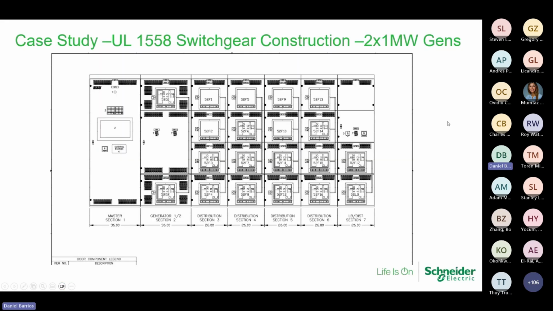The 1558 construction here, just to give you a little bit of guidelines. First of all, you're going to get an elevation view, which will also include your conduit entry area and the size of those conduit entries. You notice again, we're back to some type of master section with an OIT screen and annunciation and a control station that we looked at earlier.